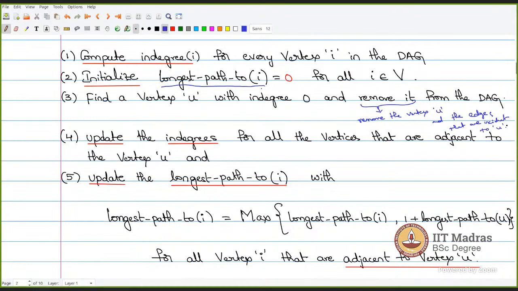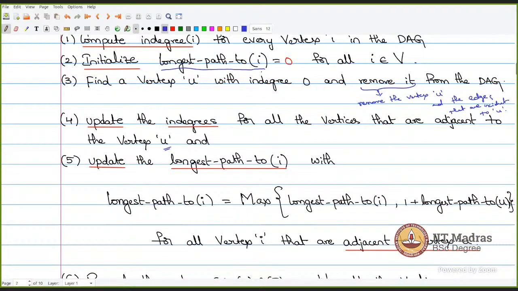After removing this vertex u, which has in-degree 0, we update the in-degrees of all the vertices that are adjacent to u. Now we have to update longest path to also.